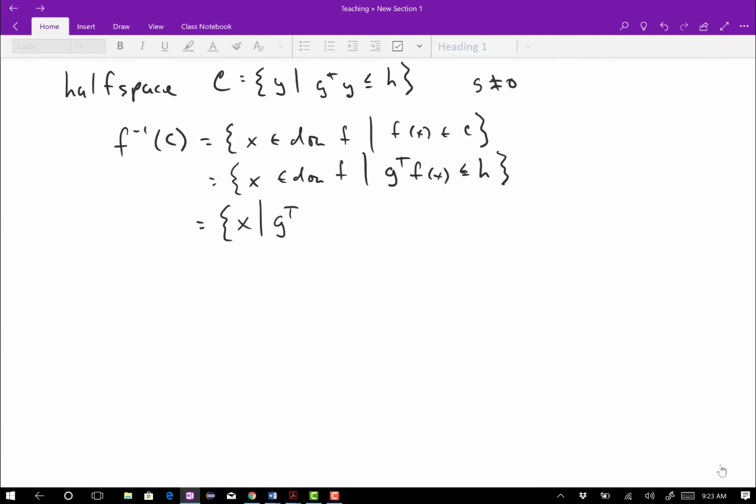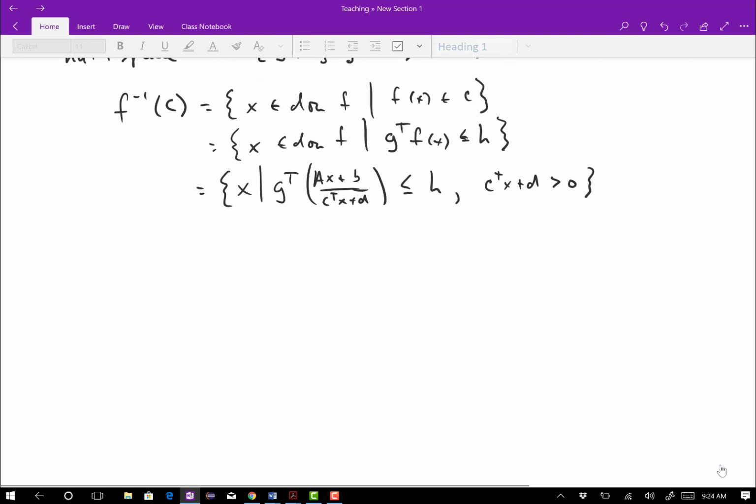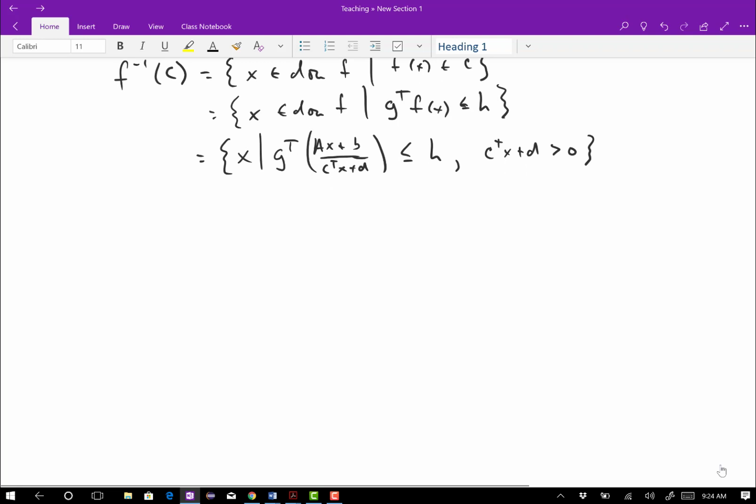So it's G transpose ax plus b over C transpose x plus d, there's our linear fractional, is less than or equal to H. And of course we need to now include the domain constraint C transpose x plus d has to be greater than 0. And we can manipulate this so that we can see that it turns out to be another half space.